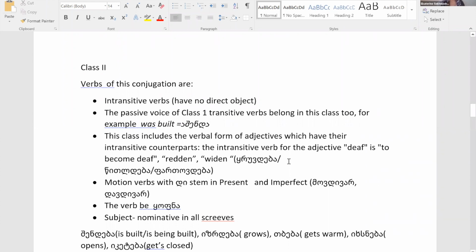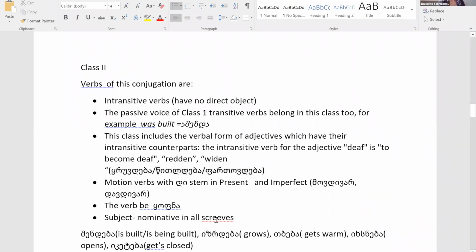So, for example, deaf in Georgian is rovdeba, because of too much noise, it gets deaf. Redden, to become red, itsitldeba. Gets red, itsitldeba. Gets deaf, rovdeba. Partovdeba, gets widen.